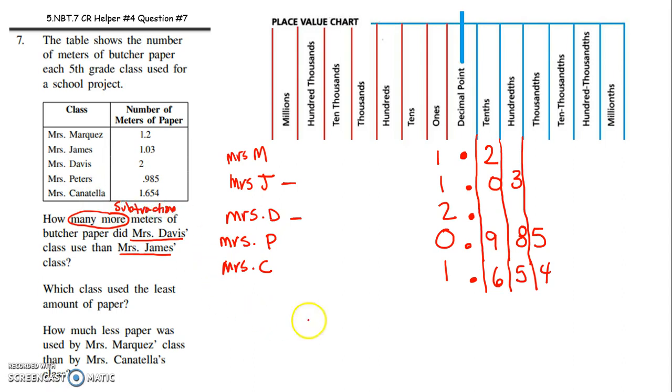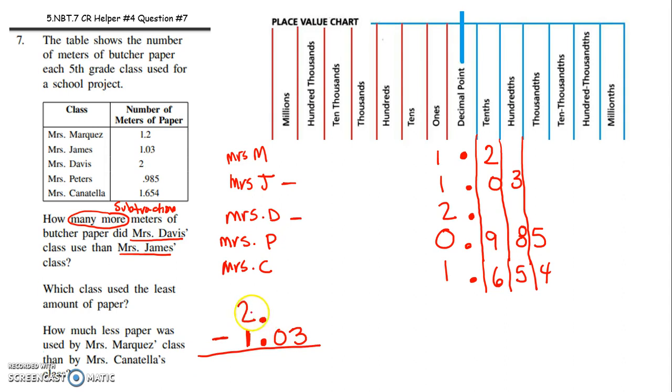We have to make sure we line up our place values. So we take Mrs. Davis's class, which is 2 meters, and we're going to subtract off for Mrs. James's class 1 and 3/100 meters. So I got to make sure my ones places are lined up, my decimal points are lined up. And that was 1 and 3/100 meters.